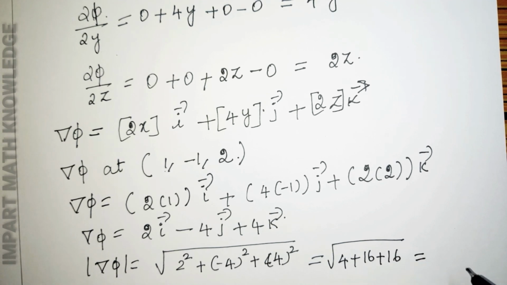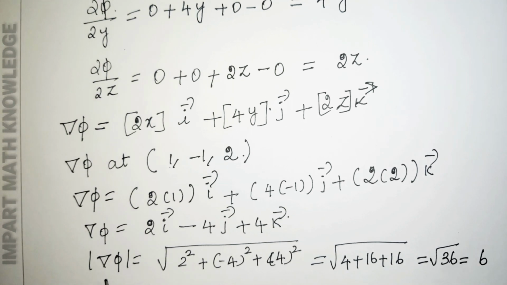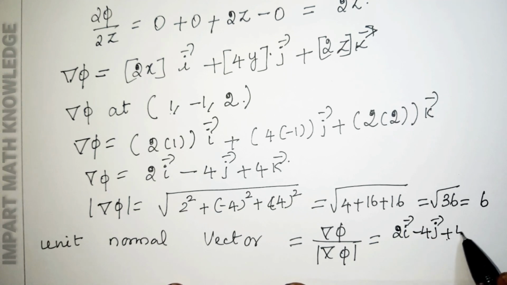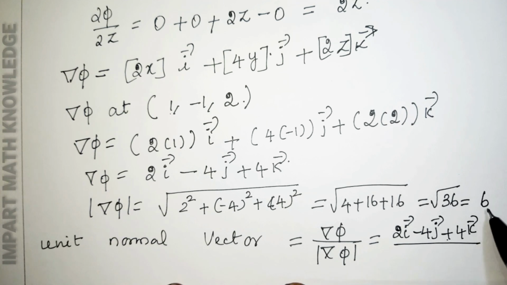This is equal to root 36, which is equal to 6. Modulus of del phi is equal to root 36, that is 6. Unit normal vector to the surface phi is del phi divided by modulus of del phi. Del phi is nothing but 2i vector minus 4j vector plus 4k vector, divided by modulus of del phi, which is 6.